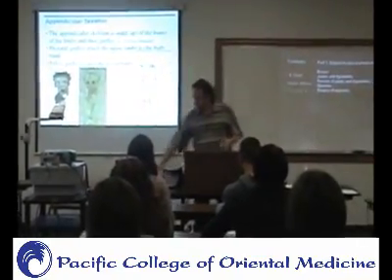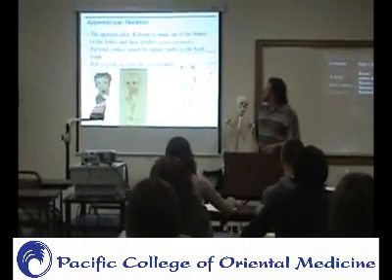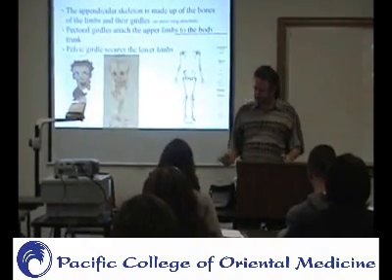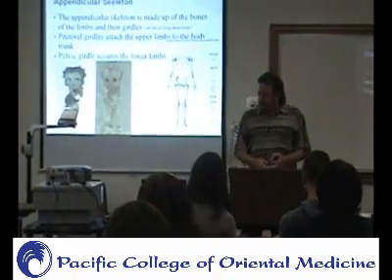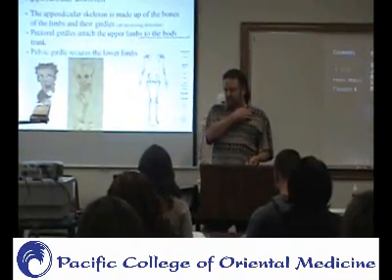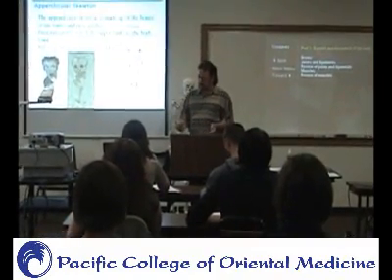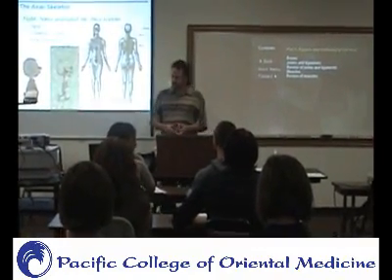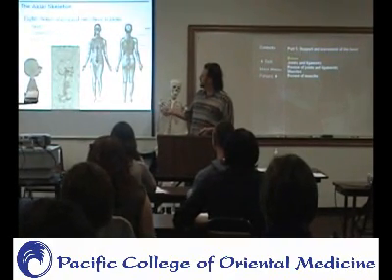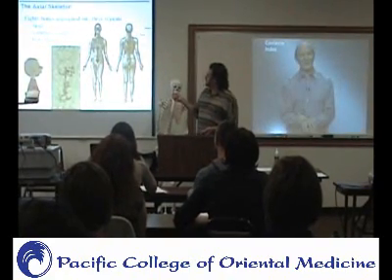If anybody was wondering what Betty Boop's skeleton looks like, there it is. The appendicular skeleton is the limbs and their girdles, the pectoral girdle, and the pelvic girdle for the lower extremity. And then there's Charlie Brown's skeleton. So the axial skeleton is the skull, spine, the sacrum, and then the ribs and the rib cage.